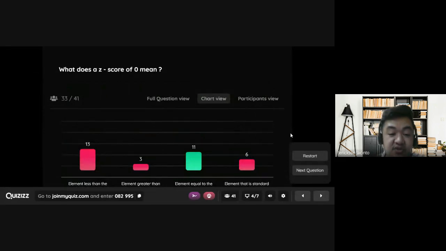Okay, so a z-score of 0 means that the score is equal to the mean.